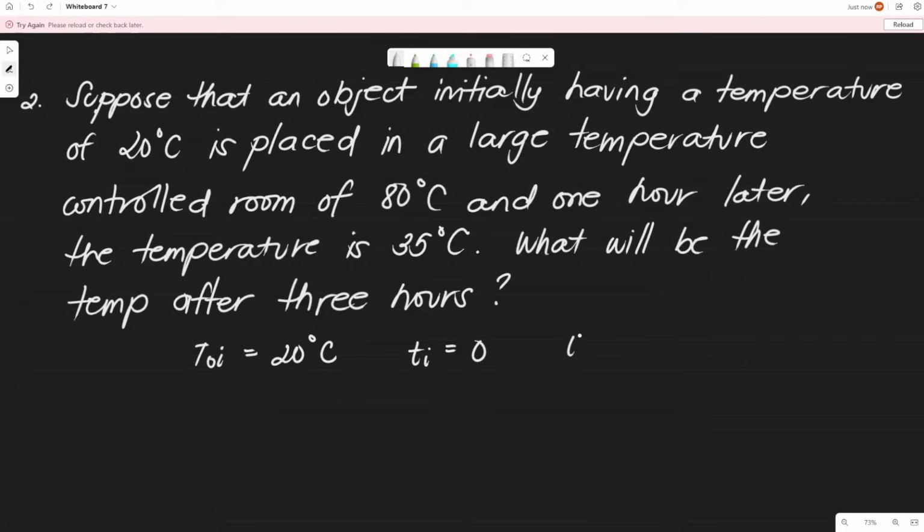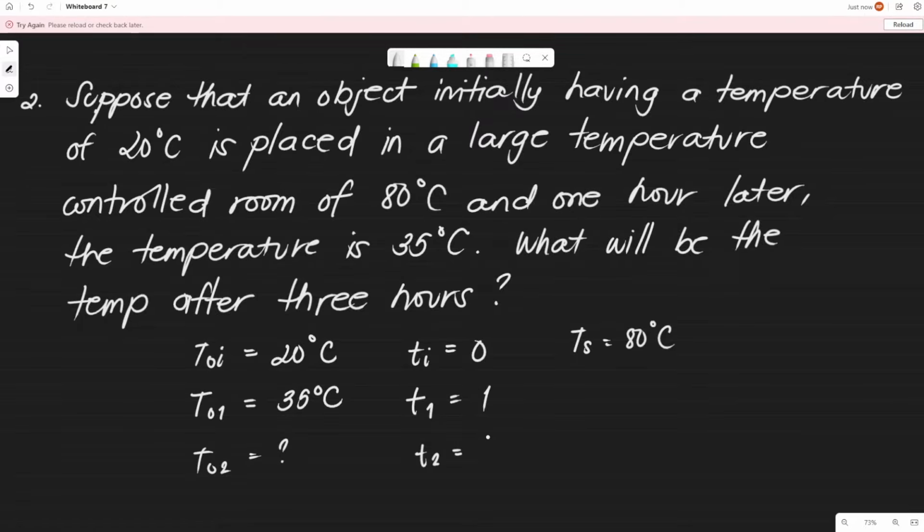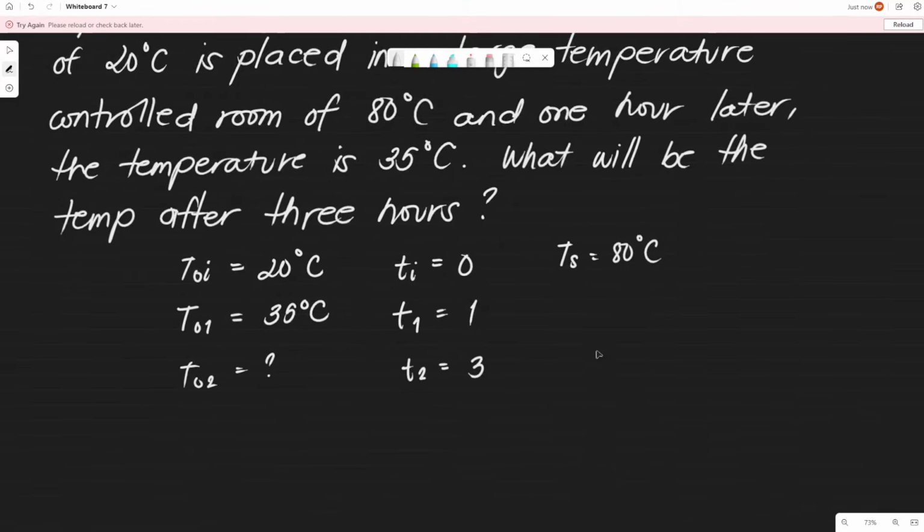By the way, Ts is 80 degrees Celsius. So T1 is 35 degrees Celsius after 1 hour. No need to convert to minutes, since the question is in hours, so t1 is simply 1. What will be the temperature after 3 hours? Then t2 is 3.